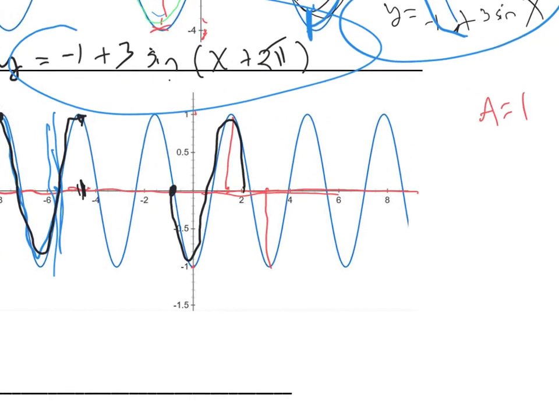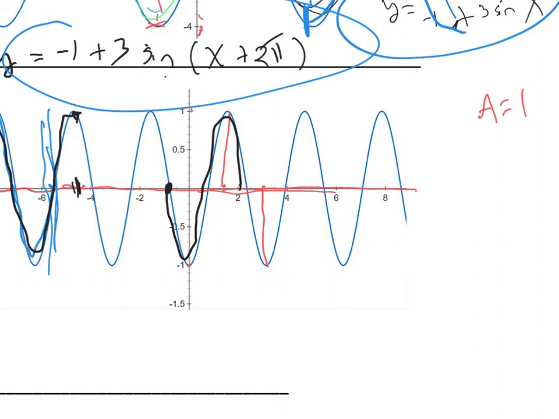Or I could do a negative cosine curve here. Have I done a negative cosine? No, I did a positive. No, I'm sorry. That's not where the negative cosine would start. Silly me. The negative cosine curve has to start at the bottom. I would have to start down here and then go all the way to here.